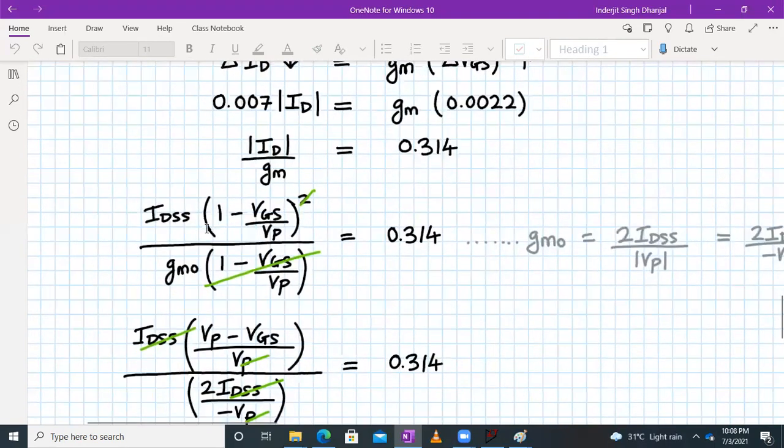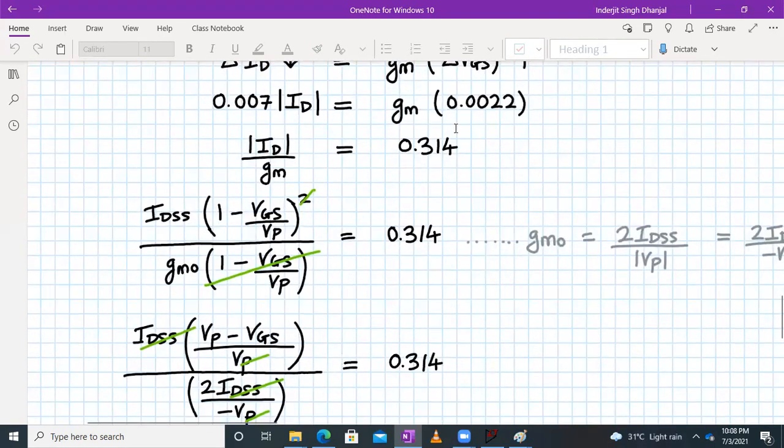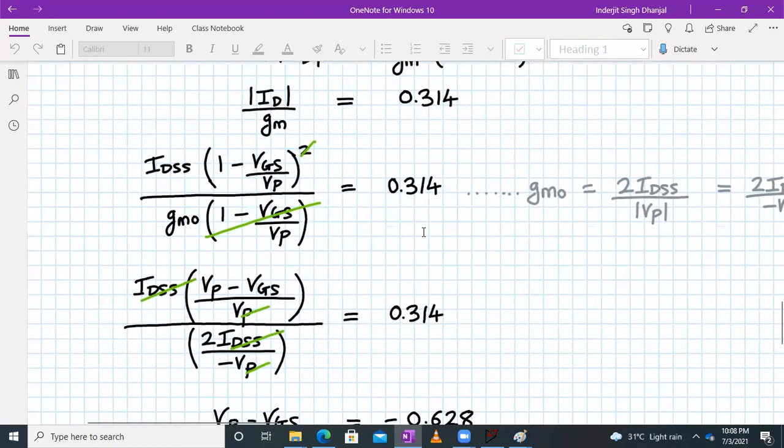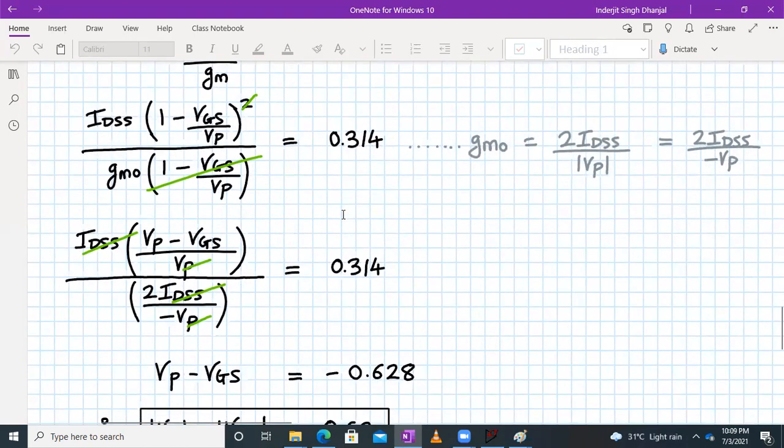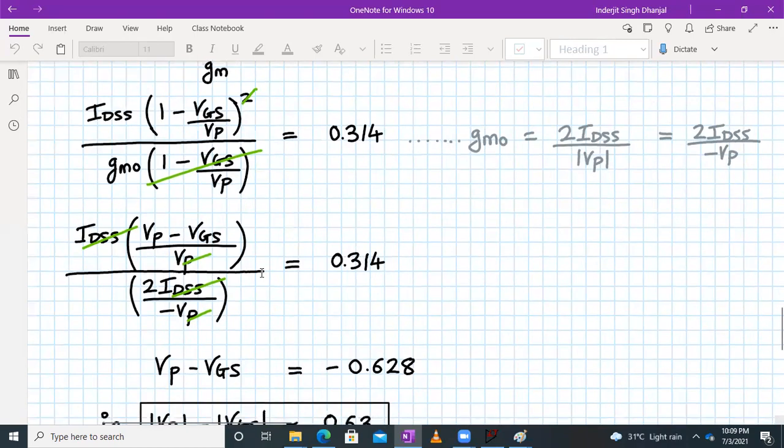Here we cross multiply, and we get ID upon GM is 0.314. And we substitute the formula for ID and GM. The ID formula is IDSS into (1 minus VGS upon VP) the whole square, and the GM formula is GMO into (1 minus VGS upon VP), which will be equal to 0.314. Here (1 minus VGS upon VP) cancels out. And GMO can be written as twice IDSS upon mod of VP, which can be written as twice IDSS upon minus VP.